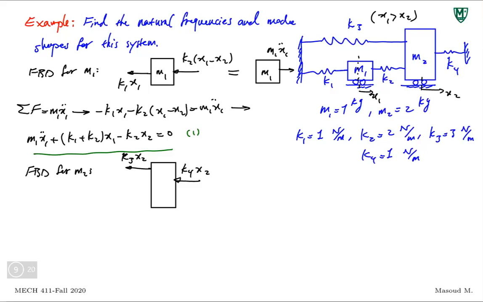Now let's get into K2 that is between these two masses. Well, what is the direction? If X1 is greater than X2, and you can look at the free body diagram for M1, K2 (X1 minus X2) is the magnitude. We know that's the magnitude because the magnitude should always be positive. The direction, well, if the direction on M1 is this way, the direction on M2 should be the other way.